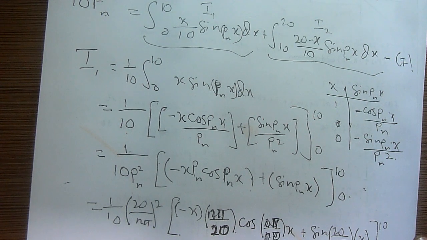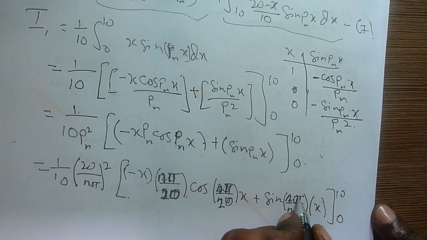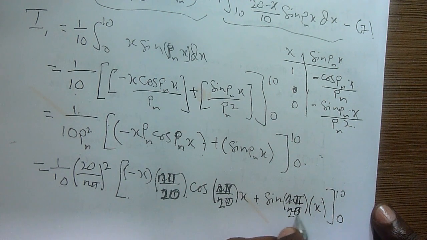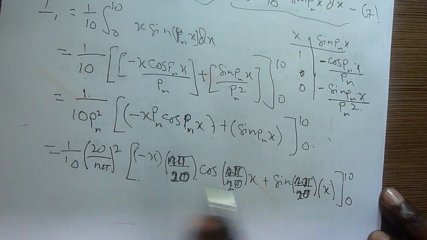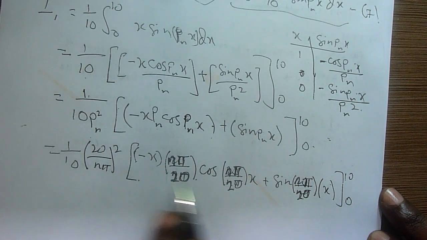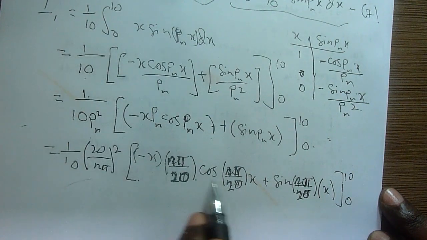This is 20, this is n pi, this is 20, n pi over 20, sorry. Now in this case, this one is over Pn, then I just copy this one already, sorry.